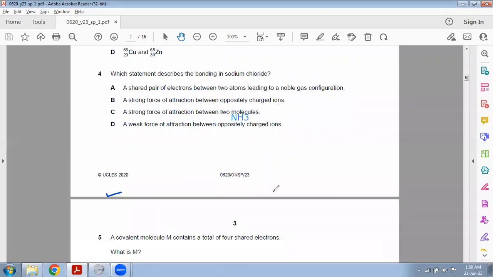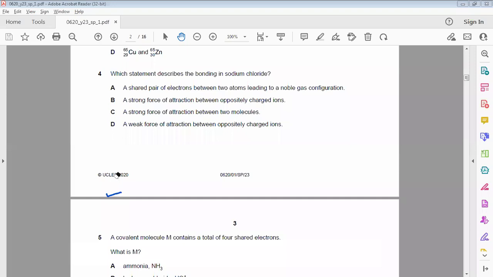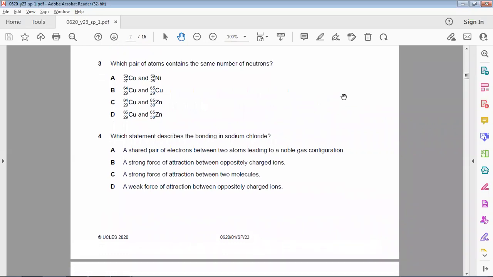Sorry, it's number 3 now. Which pair of atoms contain the same number of neutrons? As you know, the number of neutrons can be calculated by subtracting the atomic number from the mass number.